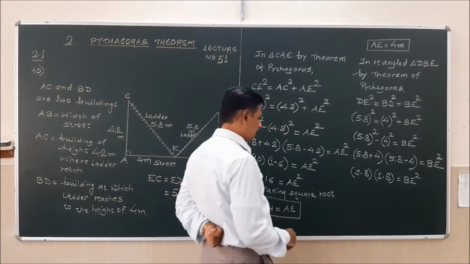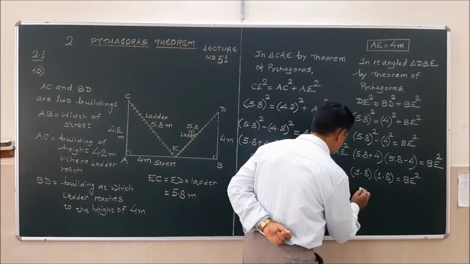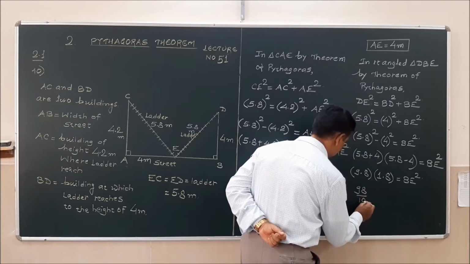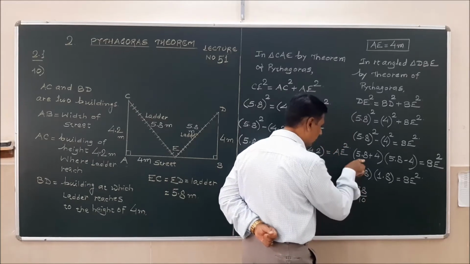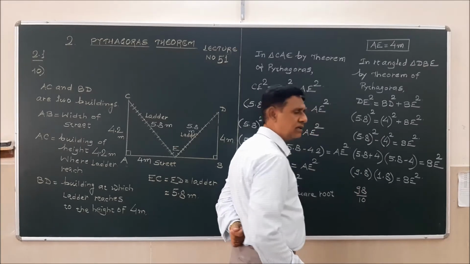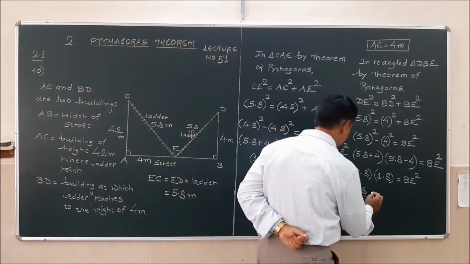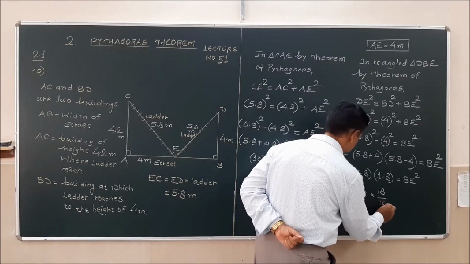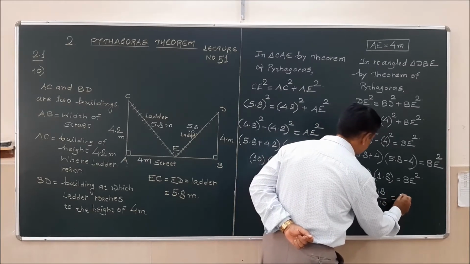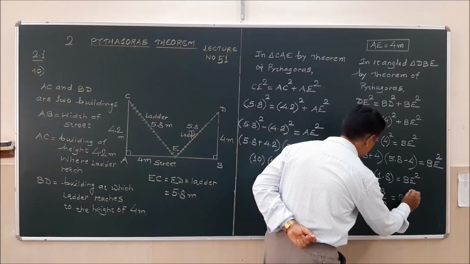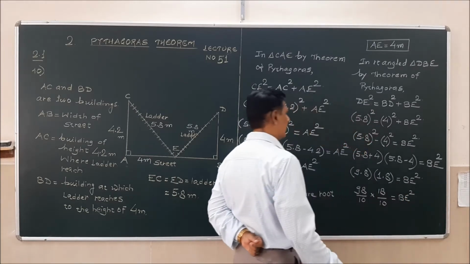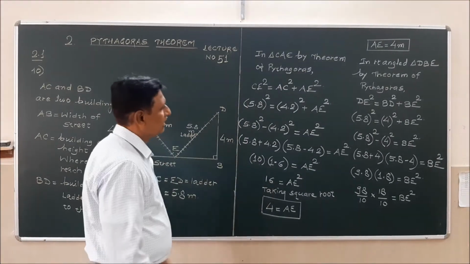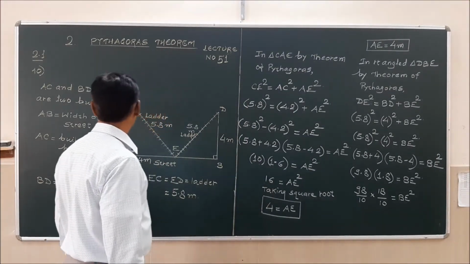Now I am going to write this as 98 upon 10, dropping out the decimal and writing upon 10. In the same manner, 18 upon 10. That is equal to BE square. Try to understand this.